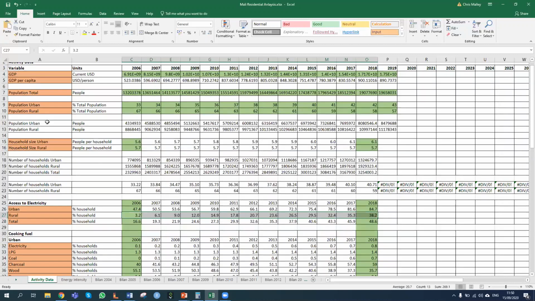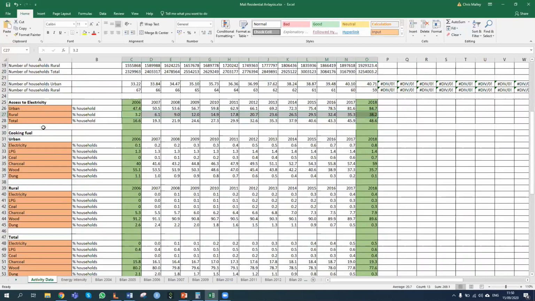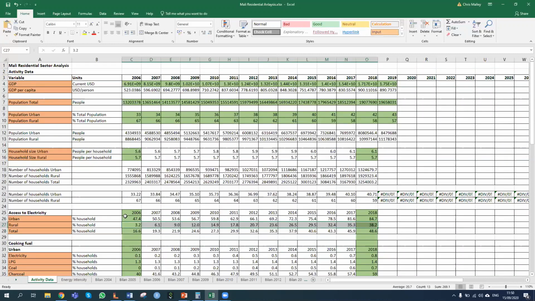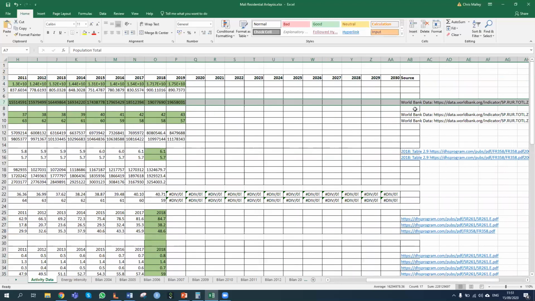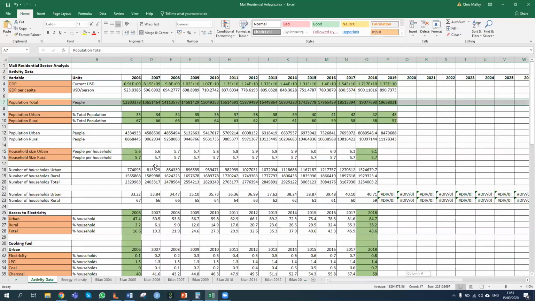We have here all of our key variables, and the numbers in green are data that has been directly entered into this spreadsheet. So the total number of people here, this is the population of Mali taken from the World Bank. So the source is in column AB here, taken from the World Bank.